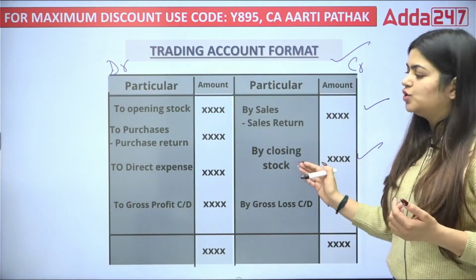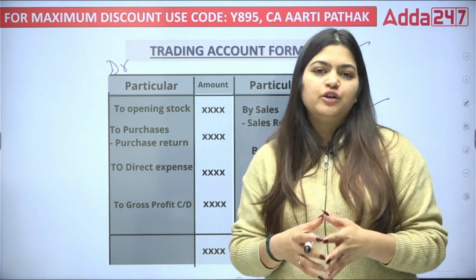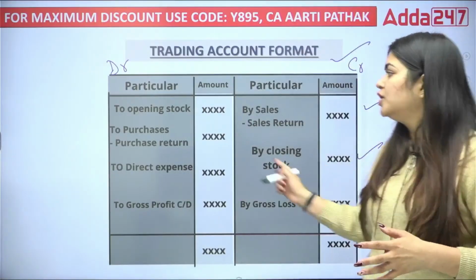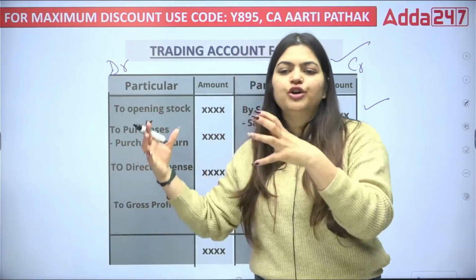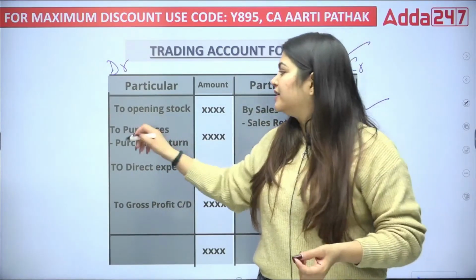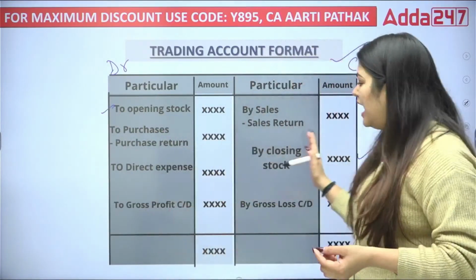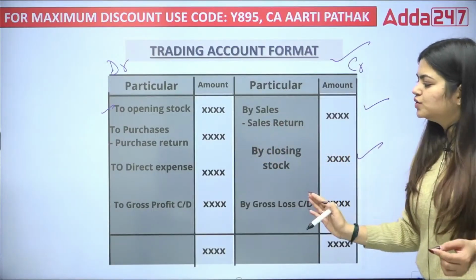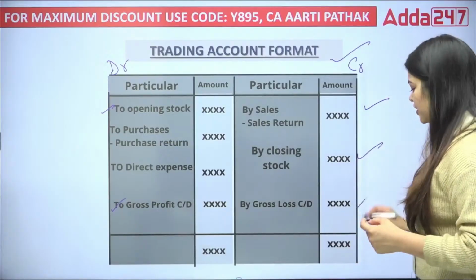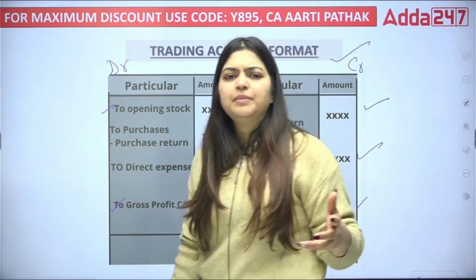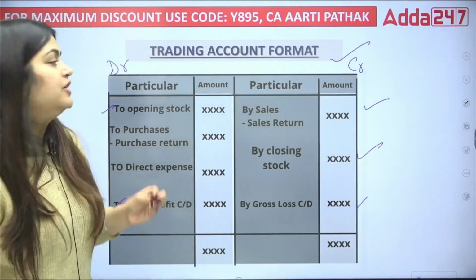Whatever stock is left with you at the end of the year is your closing stock. Opening stock is the amount of goods you carry forward when you start on 1st April. After adjusting these two sides, you will get either gross profit or gross loss. So this is your trading account.